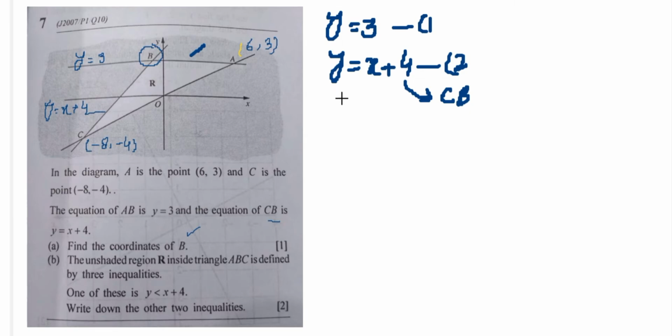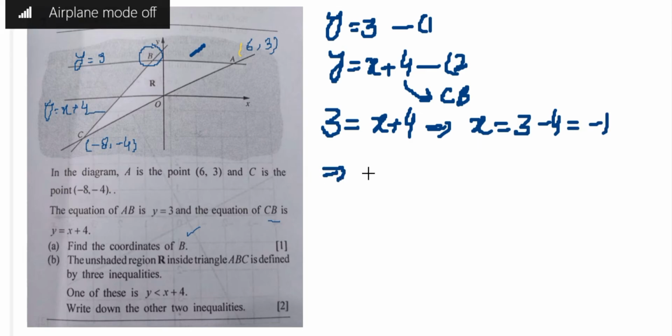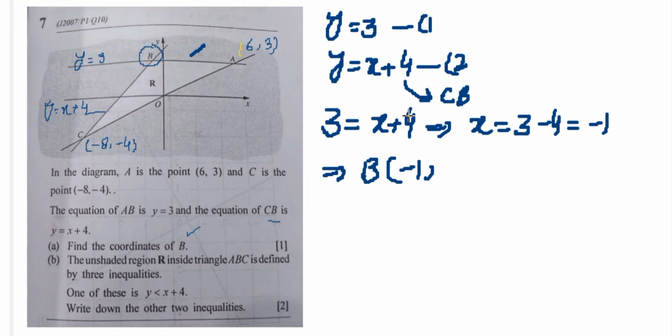We need to find the point of intersection B by substituting the value of y from equation number 1 into equation number 2. We have 3 is equal to x plus 4. This implies x is equal to 3 minus 4, that is equal to minus 1. This implies the coordinates of B are x is equal to minus 1 and y is equal to 3.